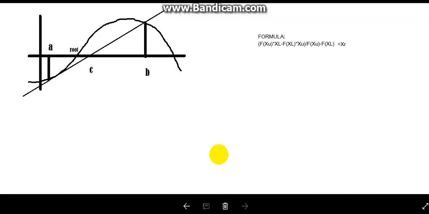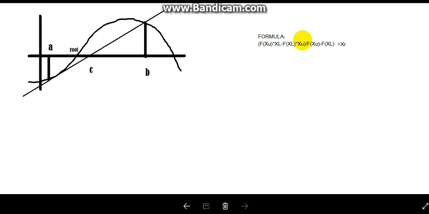Now in the bisection method, what we did was there was a and b. The difference here is that a and b are points, and you have to approximate a line that's passing through these points, this and this, and the approximate root lies here.